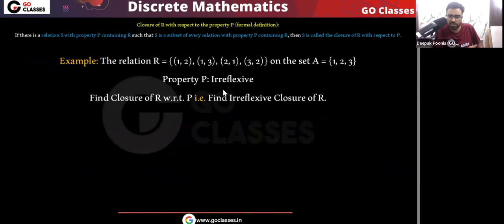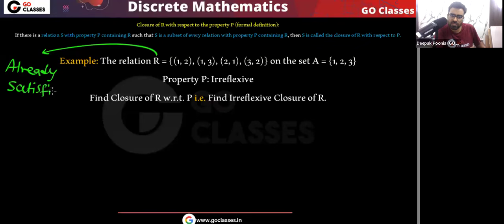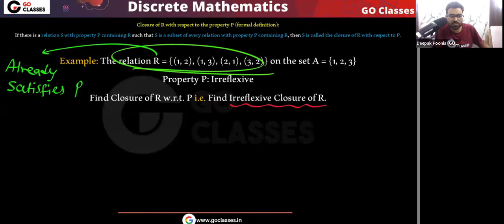What about the answer for this question? The property is irreflexive and this is the relation. Here you can notice that this already has this property P. So we need to find the irreflexive closure of R, because this relation already satisfies property P. So it will be the irreflexive closure of itself.